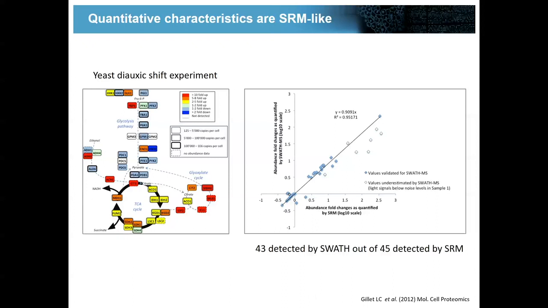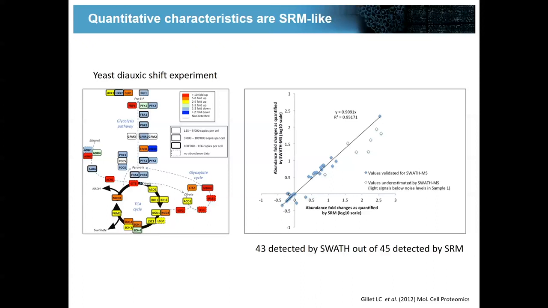This was a system that was worked on in our lab a lot for SRM analysis. This is a whole bunch of proteins in central carbon metabolism that were quantified by SRM. Now if we do the same measurement by SWATH, we get essentially the same picture. This is just trying to say that we can retrieve the same information as you can from SRM with almost the same sensitivity, but not quite.